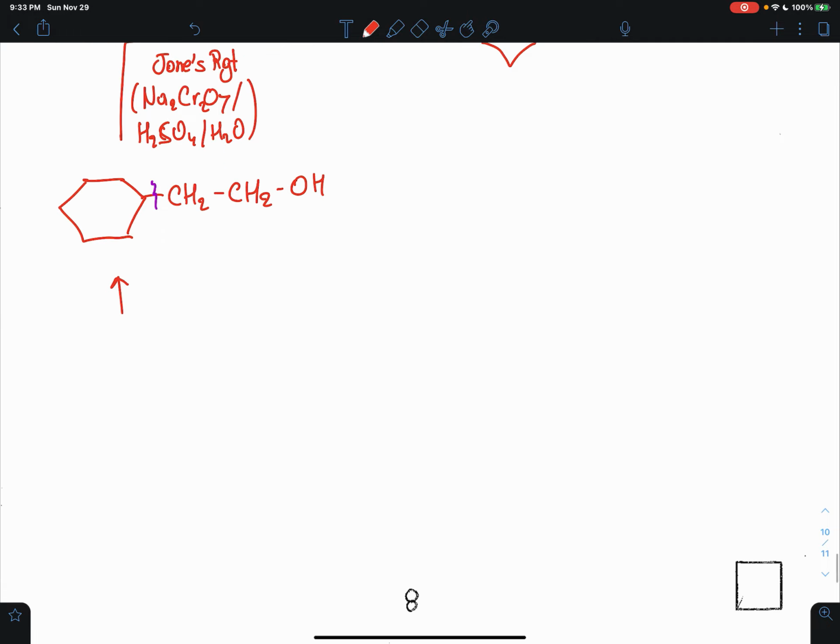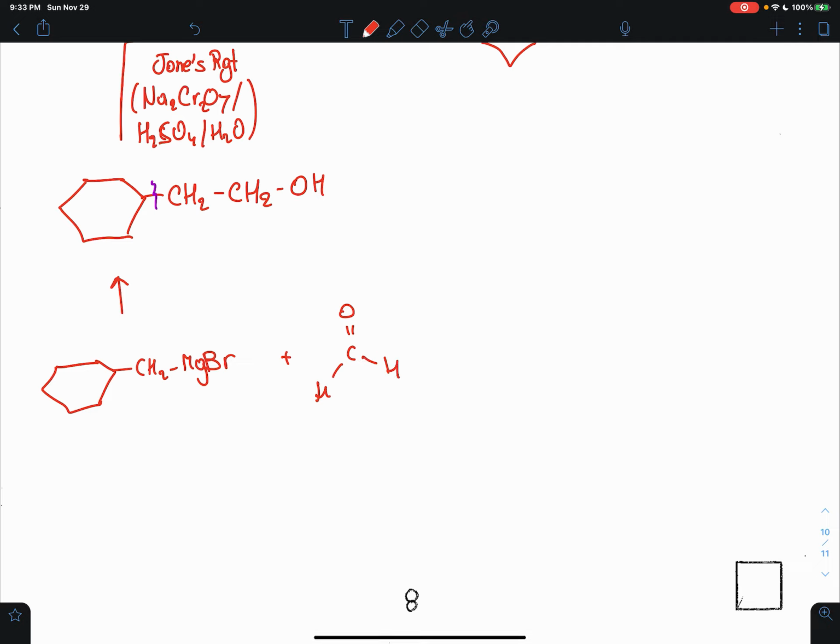So what I can do is, if I use Grignard reaction using MgBr and the aldehyde, it's going to be a little bit hard, because I'm going to have to form something like this first, CH2MgBr, and attack it with the C double bond O H, and then repeat the process twice.